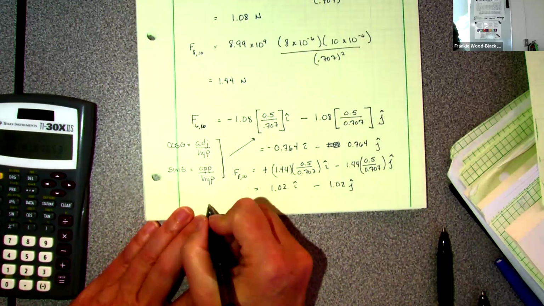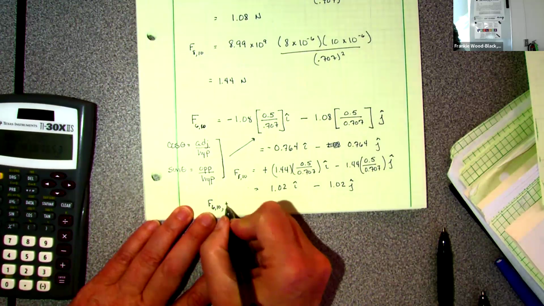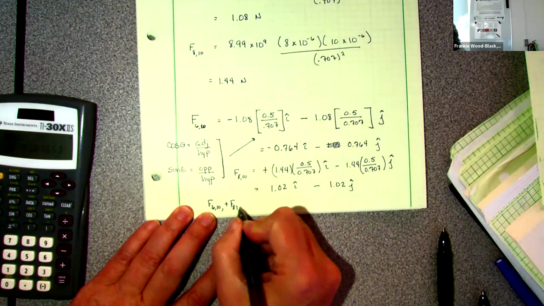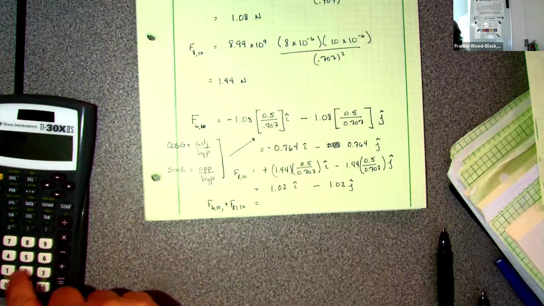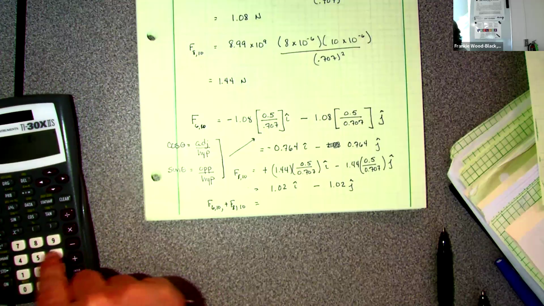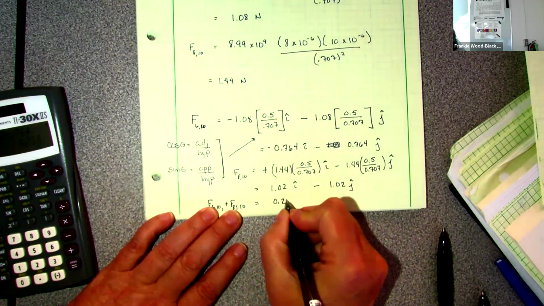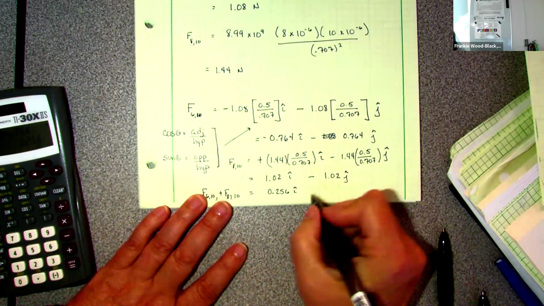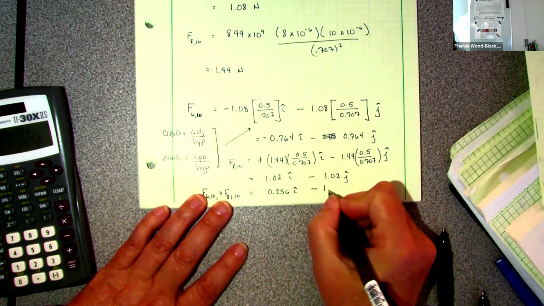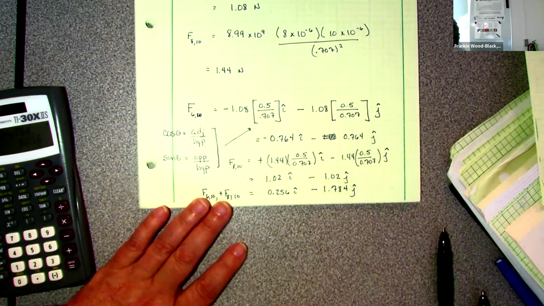So now I'm going to do my adding of my vectors. 1.02 minus 0.764 gives me a positive 0.256 in the I direction. And I get a negative 1.784 in the J direction.